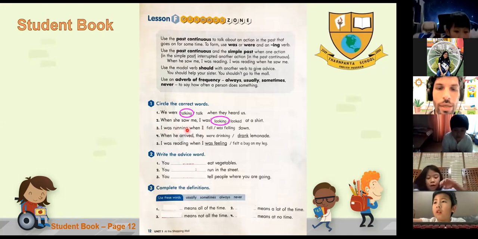I was running. So this action was happening when something else happened, when I fell. So we need to use simple past here, fell, to complete the sentence. I was running when I fell down.